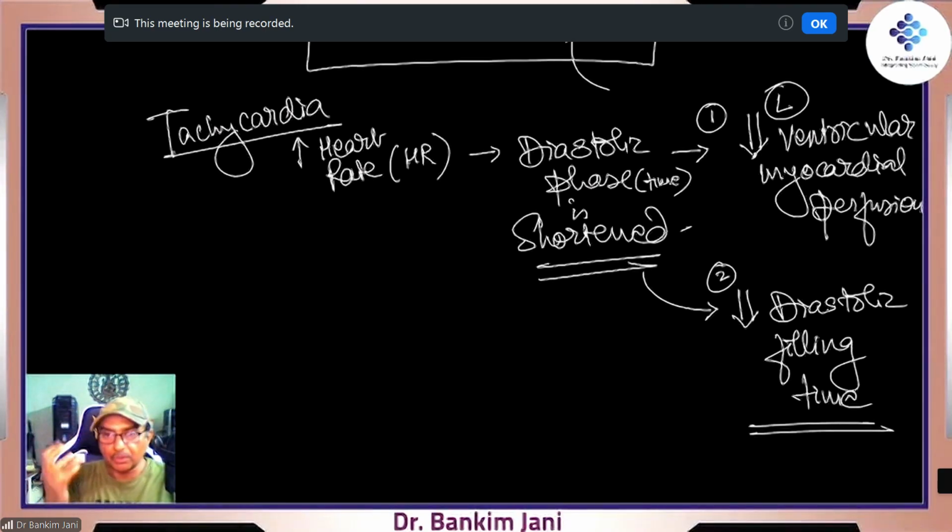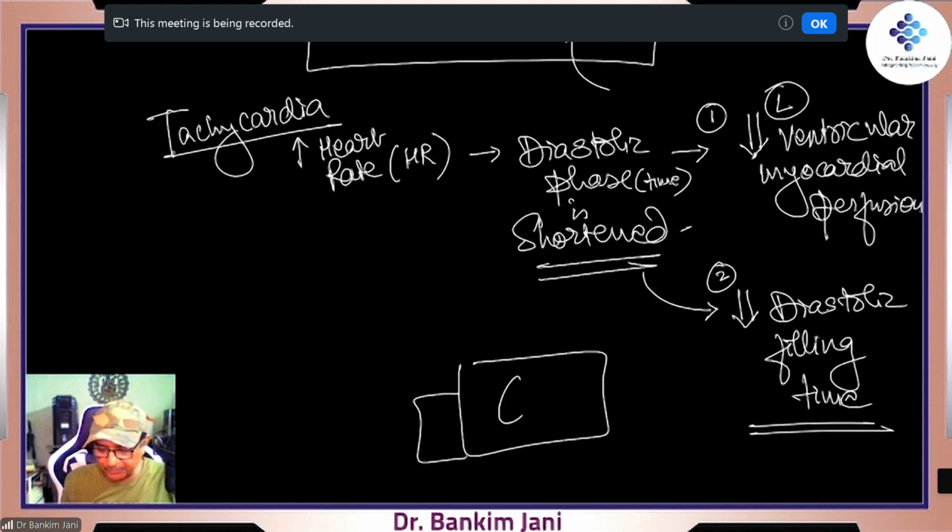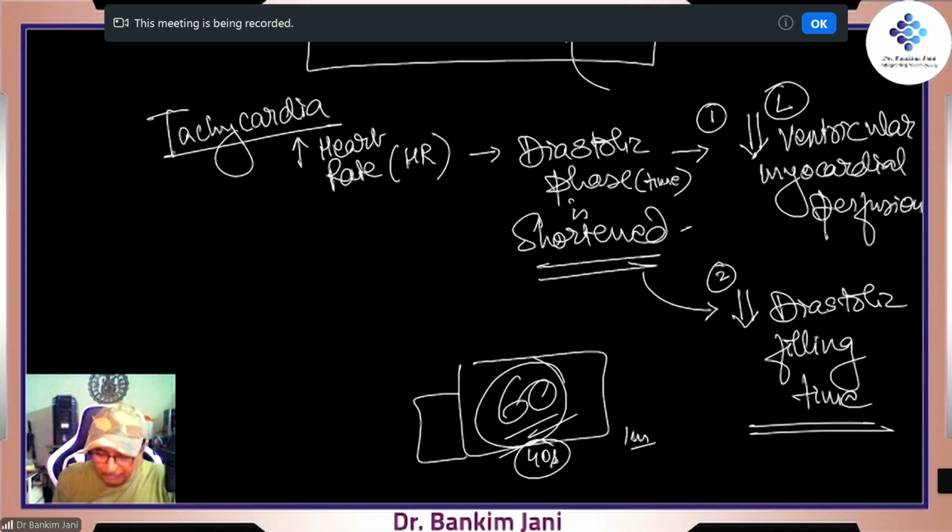But now, because it has to be done faster, before it gets full, it is like a bus. The bus has the capacity of 60 people. But in order that 60 people should sit, it has to wait, let's say, 1 minute. But what if in 40 seconds only they say, chalo, chalo, bus up? So not 60 people would be able to enter into it.